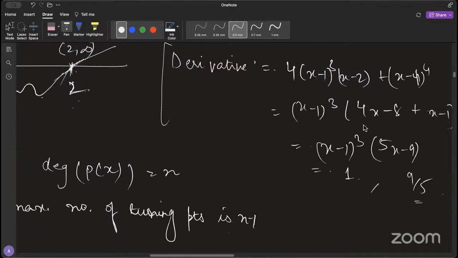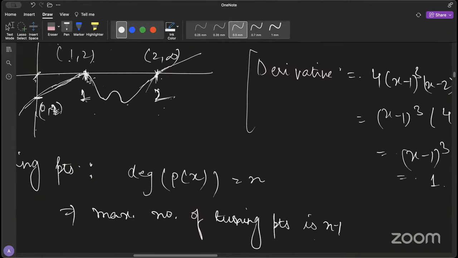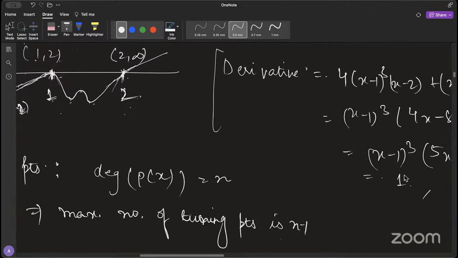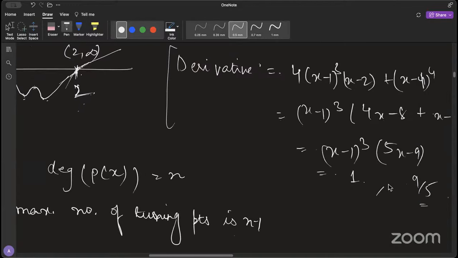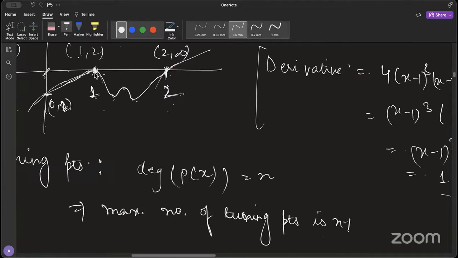That means if there are 3 more turning points here, then the derivative should have been 0 there, right? But it's only 0 at 1 and 9 by 5. There are only 2 points. One is here. 9 by 5 will be somewhere between 1 and 2. But there's only one point where the derivative is 0. That means there should be only one more turning point other than this, right?